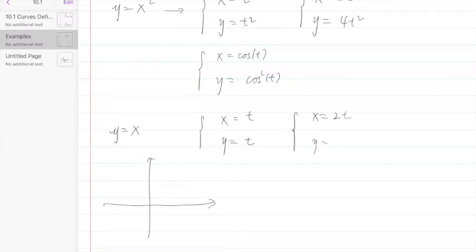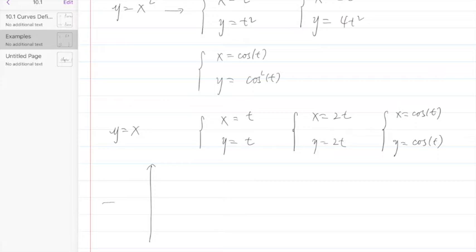The second one is x equals 2t and y equals 2t. The third one is x equals cosine t and y equals cosine t. They all satisfy the same trajectory, which is y equals x, this 45 degree line.